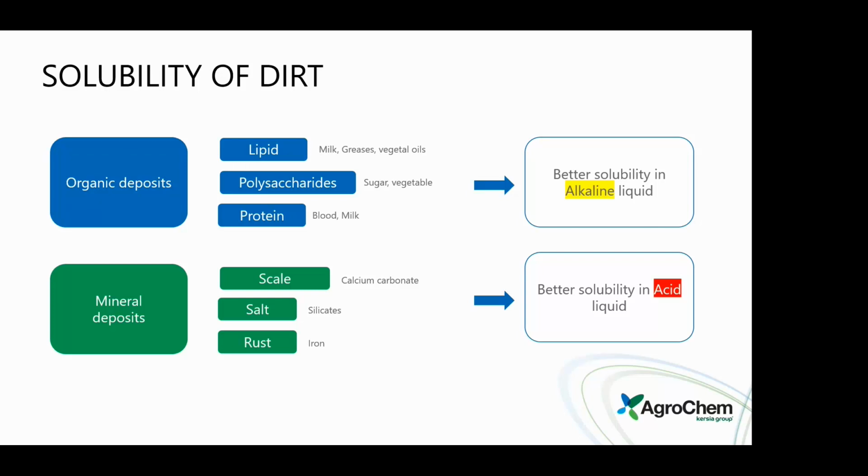Those are all gone after by using an alkaline to take those out. Scale can be caused by the calcium carbonate. Scale comes from hard water and such that way, and the minerals that are in the water that we're dealing with. Salts, rust, all taken care of, being mineral deposits, better solubility with acid liquids with those.